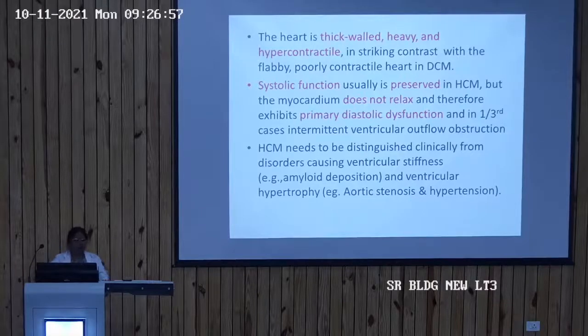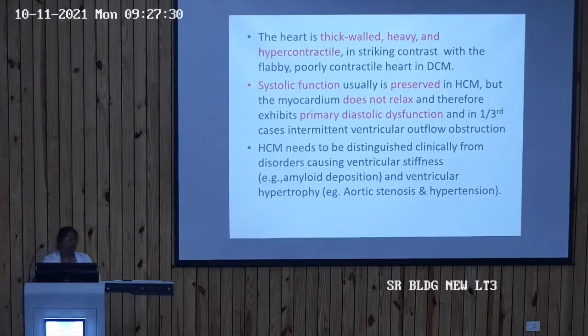In this, the heart is thick-walled, heavy, and hypercontractile. This has to be contrasted with the flabby and poorly contractile heart in dilated cardiomyopathy. In this, the systolic function is preserved, but the myocardium does not relax during diastole, and it needs to be distinguished clinically from disorders which cause ventricular stiffness, for example, amyloid deposition in the heart.